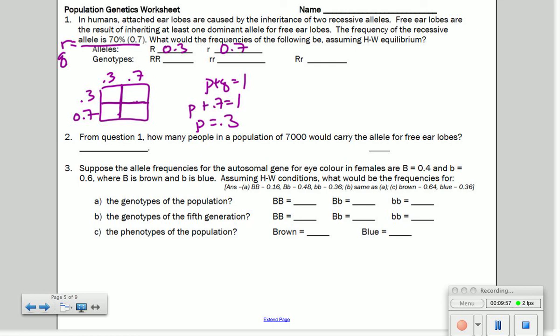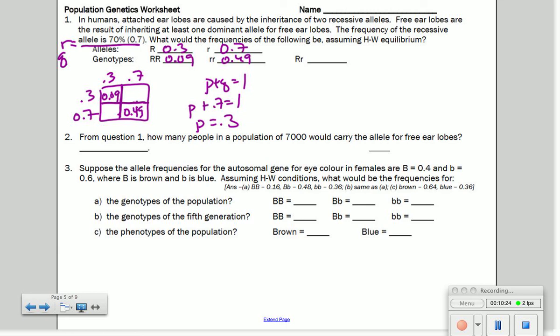But now it's asking what are the frequencies for the genotypes, and that's a matter of just filling in the Punnett square. Okay, so for big R, I'm going to take 0.3 times 0.3. That's going to be 0.09. And for little r, I'm going to take 0.7 times 0.7, and that's going to be 0.49.